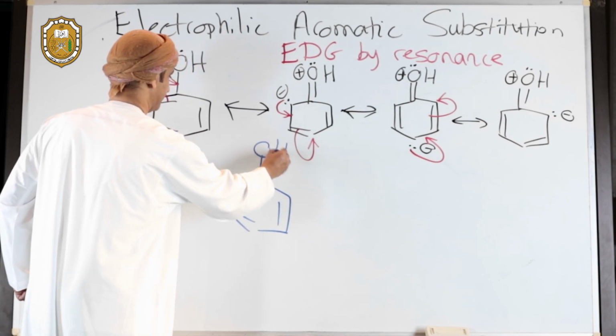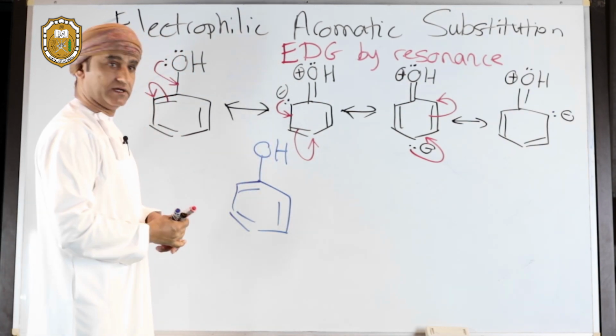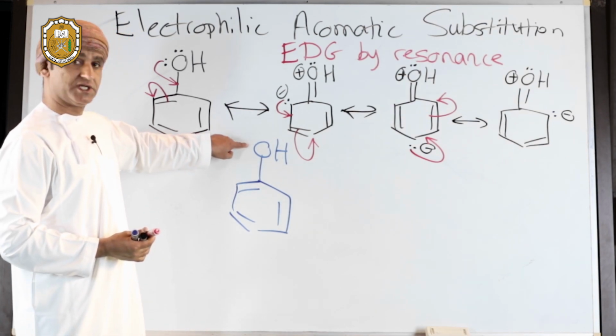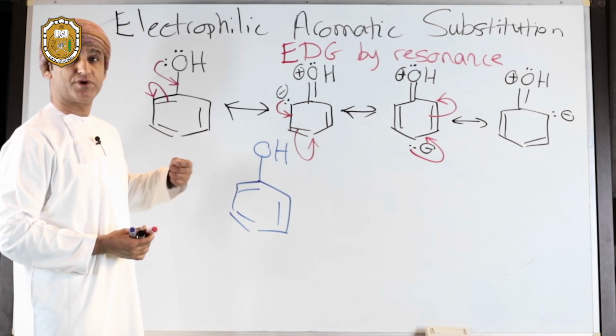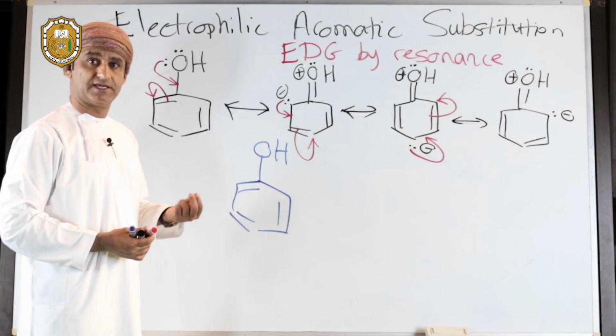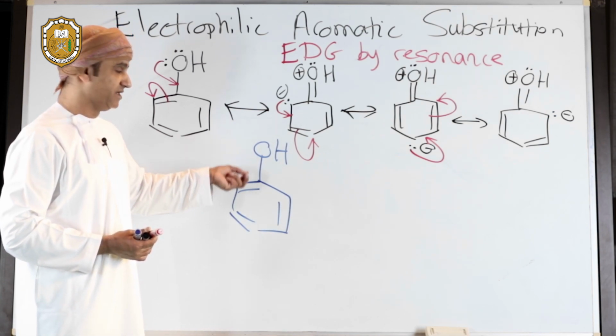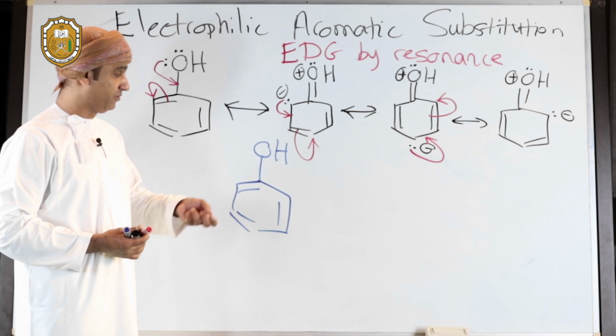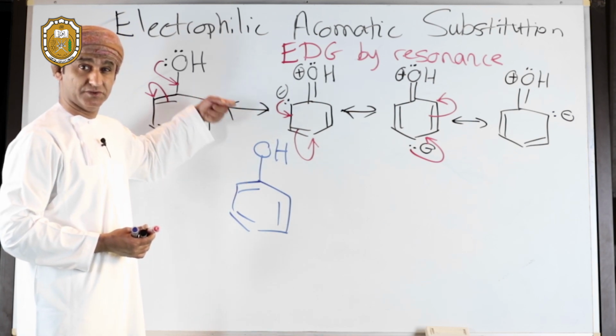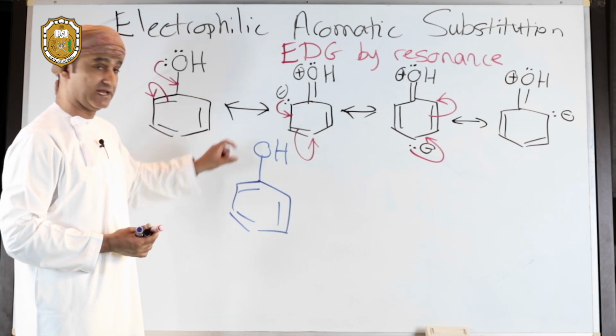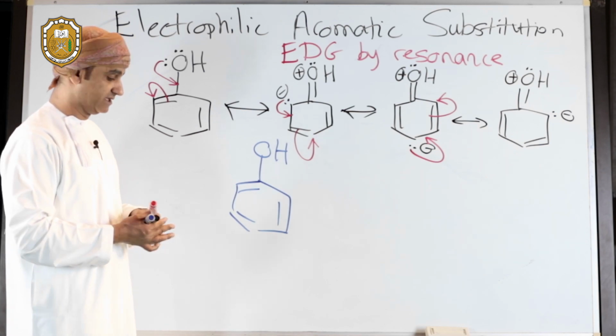Now we have to mention that in hydroxybenzene, or in phenol, let's draw the structure again. This is phenol. Oxygen that's bonded to carbon is more electronegative than carbon in this oxygen-carbon bond. So therefore, oxygen pulls electrons toward itself in this covalent bond.